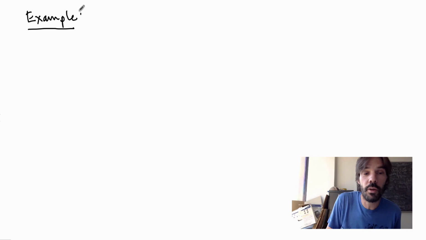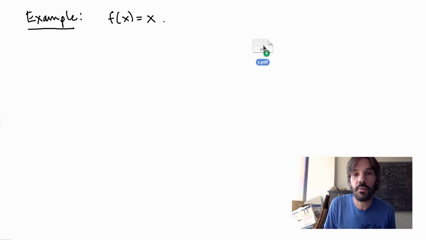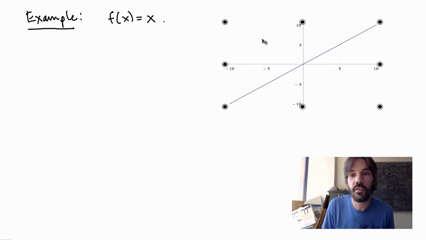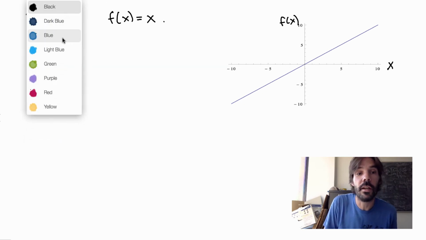Okay, so let's do another example in some detail. Let's choose a very simple function and see how the derivative goes, both geometrically and from the definition. So let's choose the function f of x is equal to x. Okay, so what does this function look like? Well, again, I can graph my function. I'll get something like that. So this is the function f of x as a function of x. What about the derivative here?